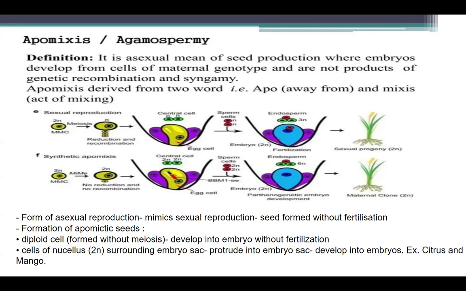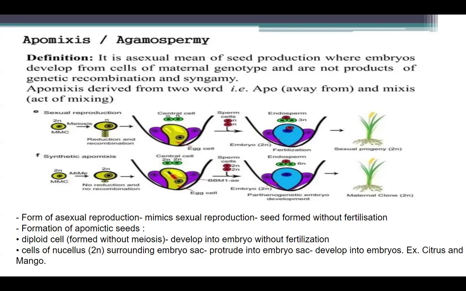Like in sexual reproduction, what is happening? Meiosis will occur, then in the ovary there is the formation of the embryo sac, and the sperm will go ahead, and there's a formation of endosperm. But here, the megaspore mother cell goes ahead and no reduction will occur.